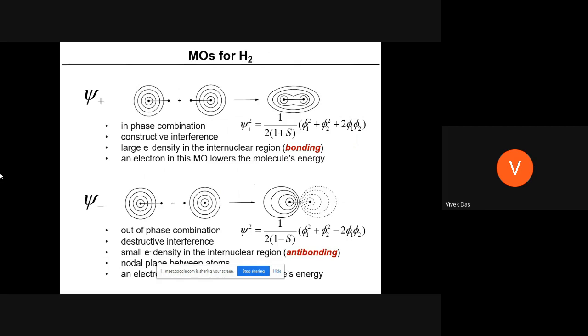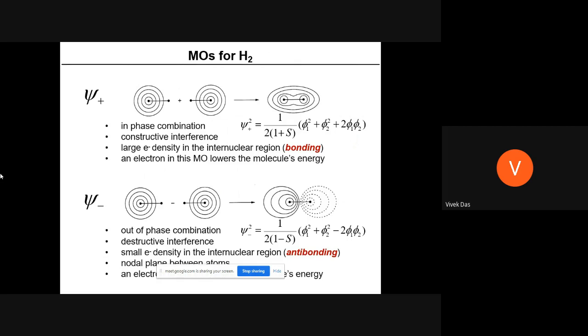The in-phase combination is constructive interference, giving the bonding orbital. In bonding orbitals there is a large electronic density in the internuclear region, so there is no nodal plane between the nuclei.